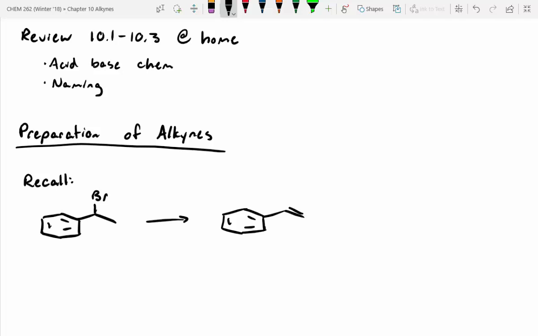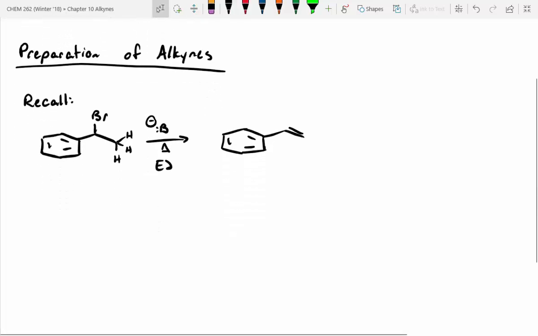In this case, it doesn't matter whether it's large or small because you only get one product. So in this case, I'll just write generic B with a negative charge, and we can do an E2 elimination reaction really easily on this because we do have beta protons. Specifically, we've got beta protons coming off this end right here, right? So standard E2 chemistry can be used to give an alkene, but let's take a look at alkynes.